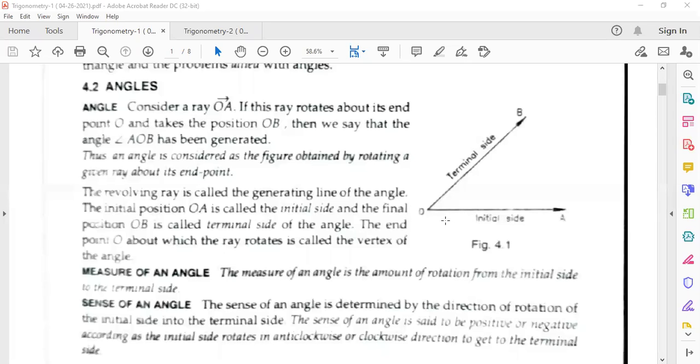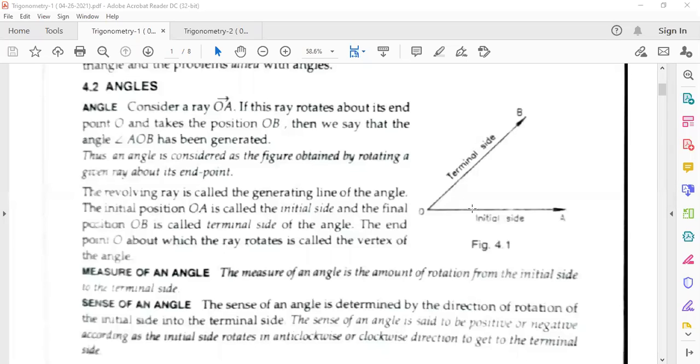One is called the initial line, another the final line. They are not line segments, they are rays, because the arrowhead is given here, and they meet at the point O. O means the origin, you know that. So this is the definition of angle. When two rays meet at one point, then between them one angle is formed.